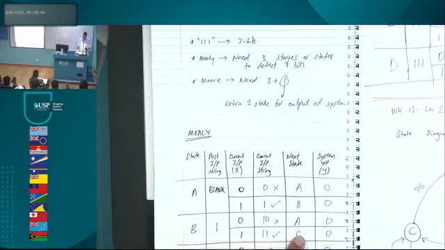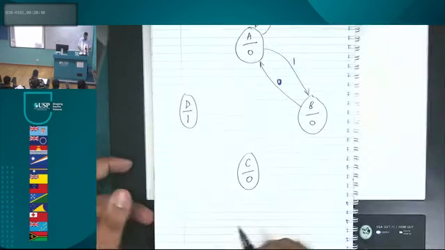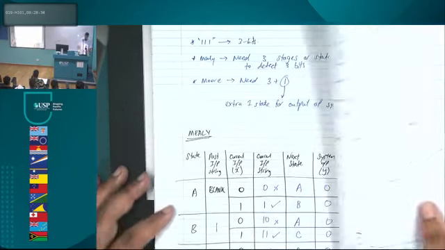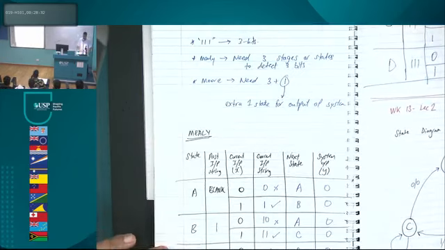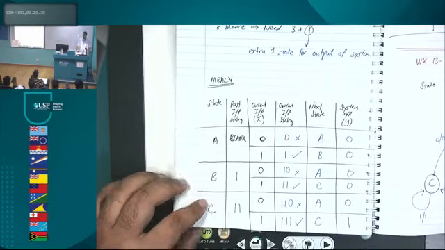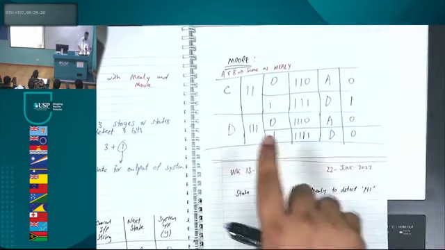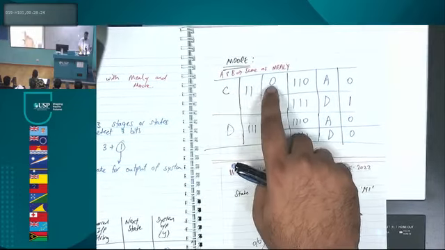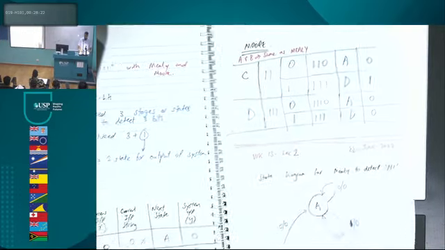B goes to C if input is 1. We don't deal with this C. We come here. This is the Moore C. C goes to A if input is 0.